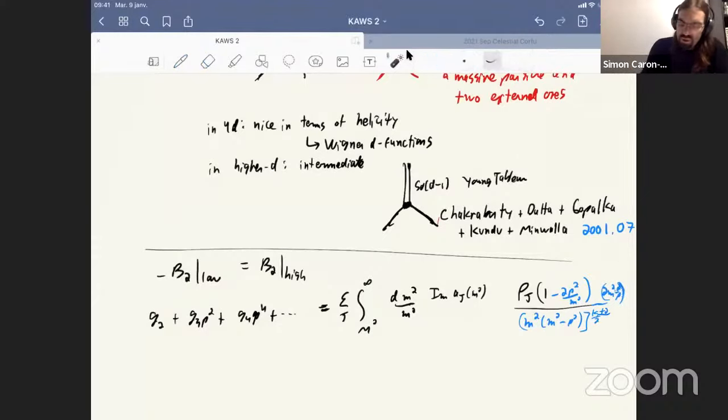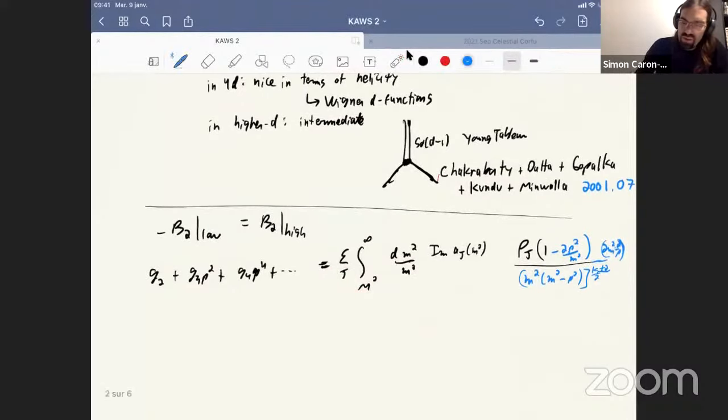In order to not get too bothered by notation, the only thing that's going to be important for the discussion to come is that this thing is like a positive measure. So I'm just going to abbreviate this thing as, okay, maybe I should put some power. Yeah, I'm just going to put some power.